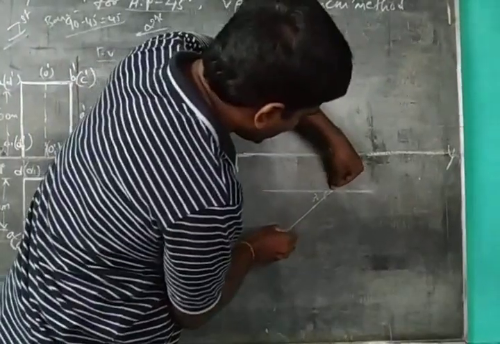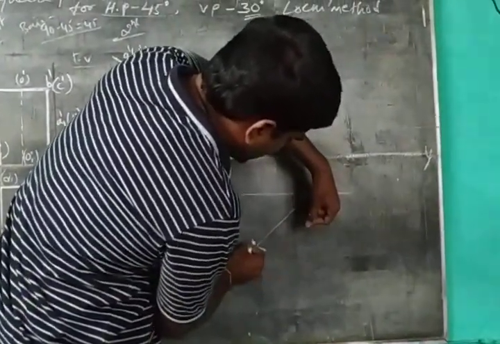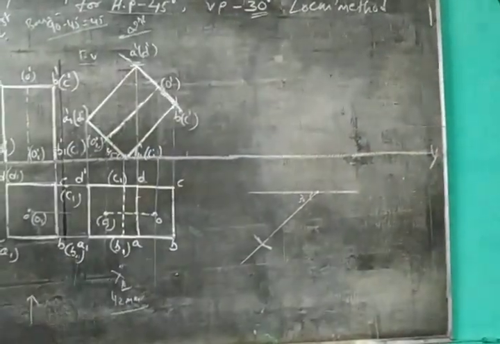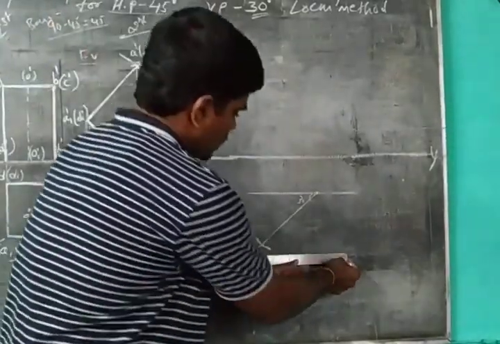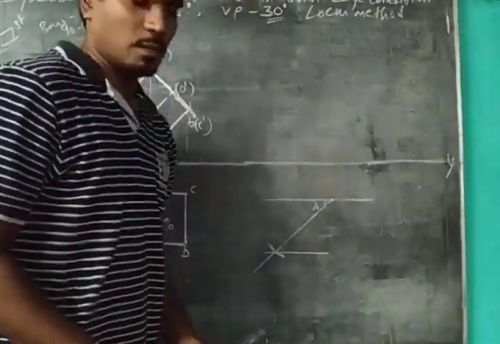And from here we just cut that and draw a horizontal line. That is the locus line.